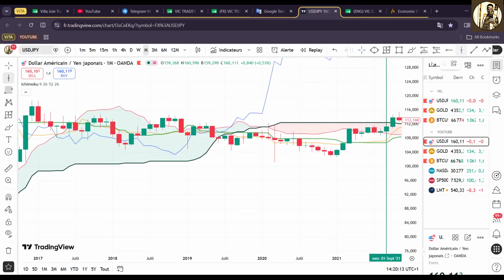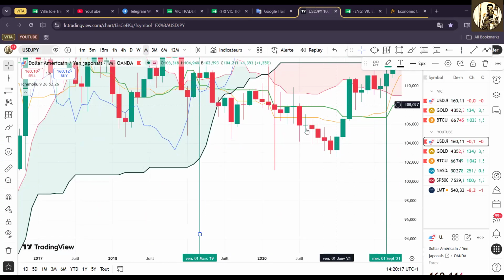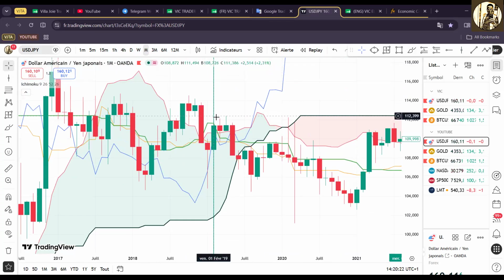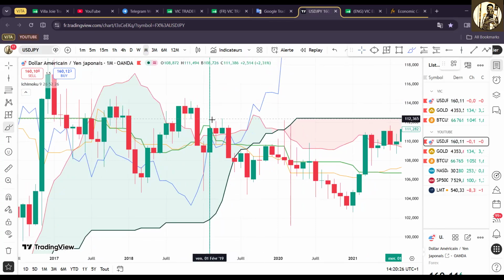Now you also have a Kijun to the down for this downtrend, right? So when Kijun was going down from this level, Kijun got touched here for the first time, the first touch, up until this bottom.